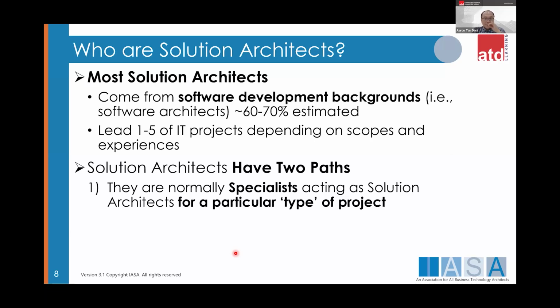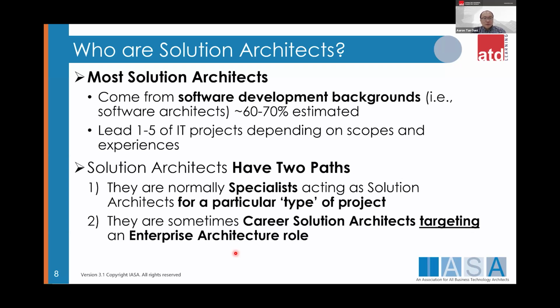Or there is the career solution architect moving towards the enterprise architecture role, moving from specialized towards generic architecture. Enterprise architecture covers end-to-end, also covering many key stakeholders, the direction, the strategy, and so on. So solution architecture is the downstream, enterprise architecture is the upstream, and they are all connected.